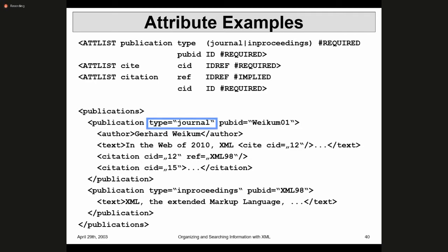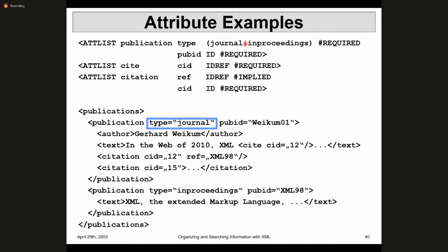You can see it here. The type can be either journal or in proceedings. The first publication is journal, and the second publication is in proceedings.